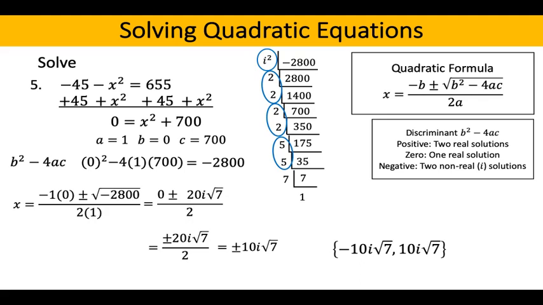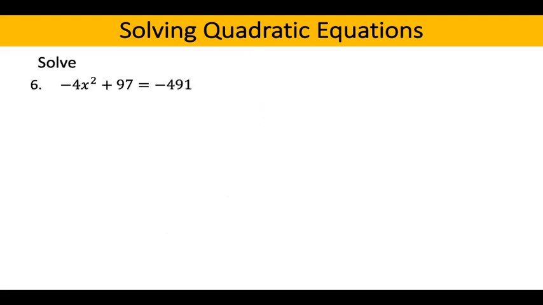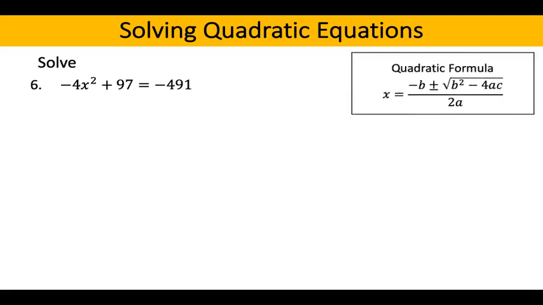Let's look at example number 6. Here we have negative 4x squared plus 97 equals negative 491. Again, let's use the quadratic equation. We're going to move all the terms to one side to get it set equal to 0.